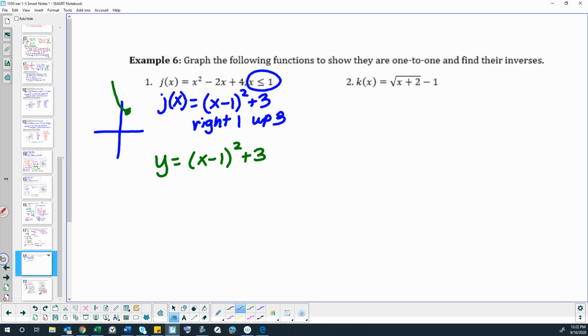Well, we did the first step. Yeah, trade x and y. So x equals y minus 1 squared plus 3. Now we're going to solve for y. We gradually just need to get everything away from y so it's by itself. So what should we start with?